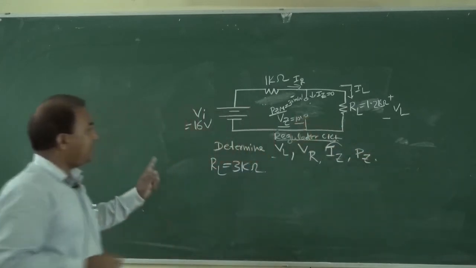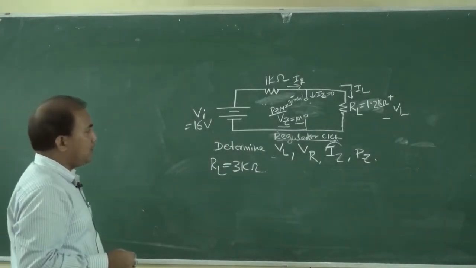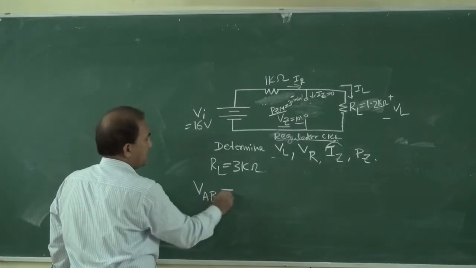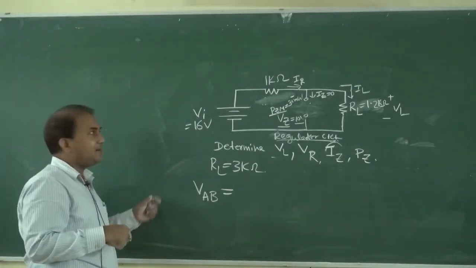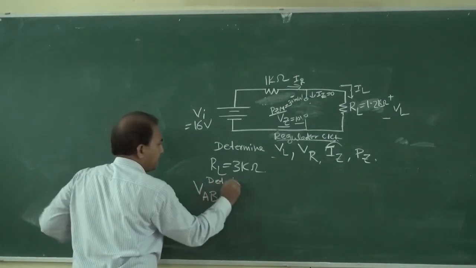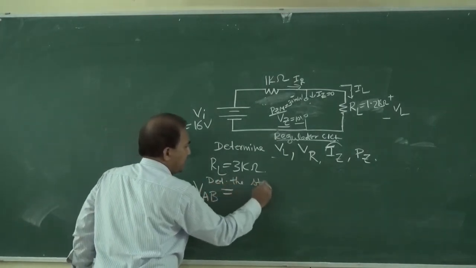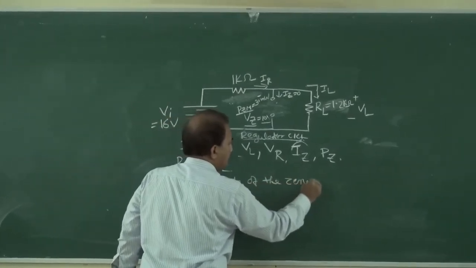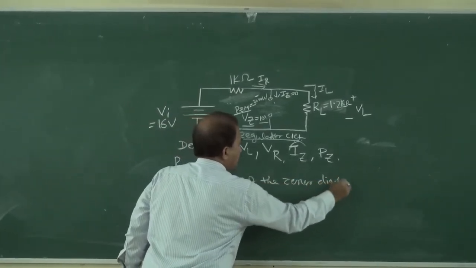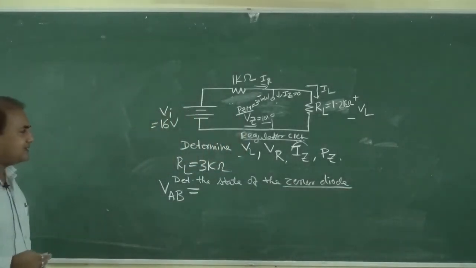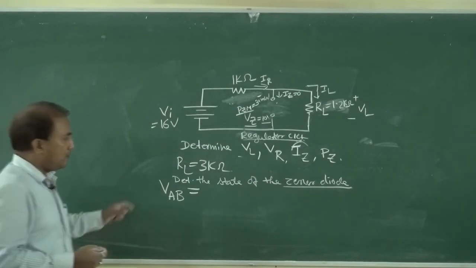So again we have to determine VAB. Okay, why are we determining VAB? In order to determine the state of the Zener diode.